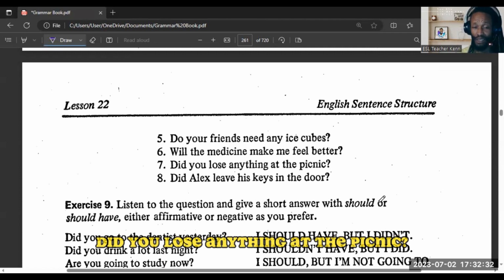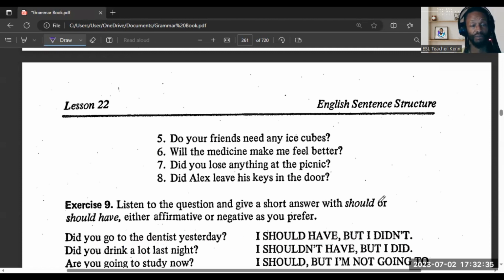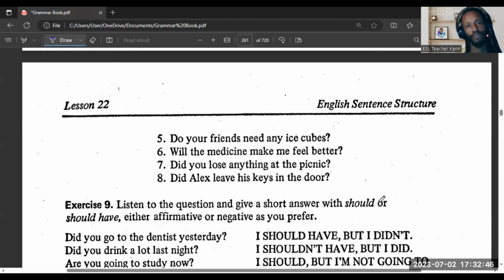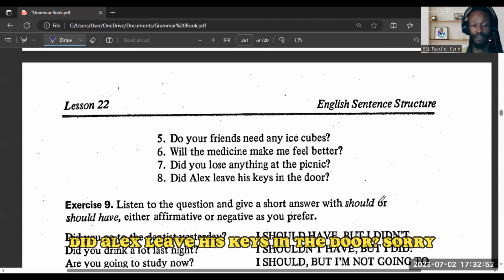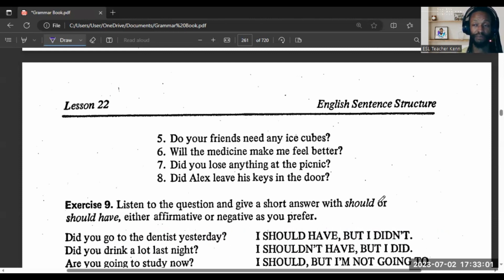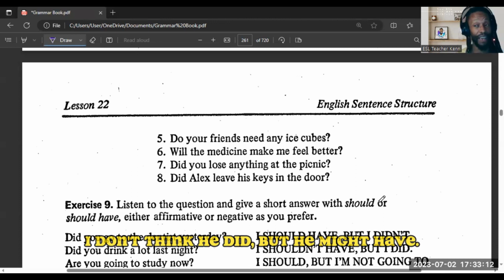Did you lose anything at the picnic? I don't think I did, but I might have. Did Alex leave his keys in the door? I don't think he did, but he might have.